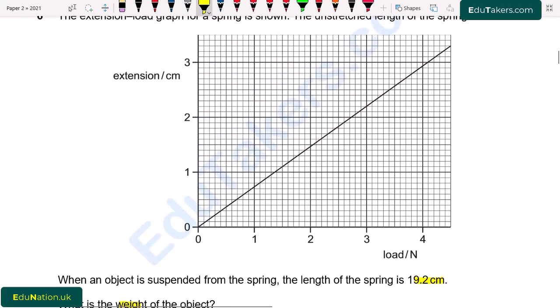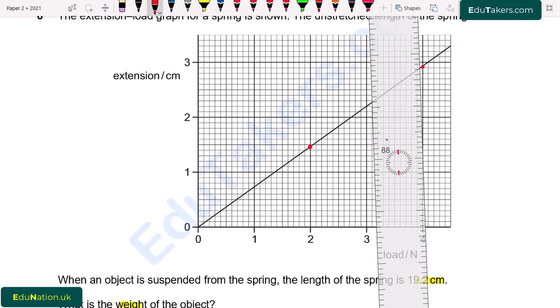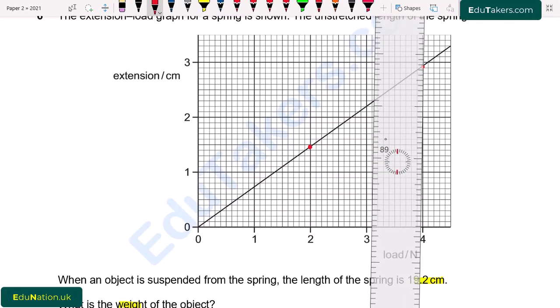So here we have to find out the weight of the object. First of all, we find out the slope of this graph. I take any two points here. I suppose that the first point is this and the second point is this. I join these two points with the extension and load axes and find their corresponding values.